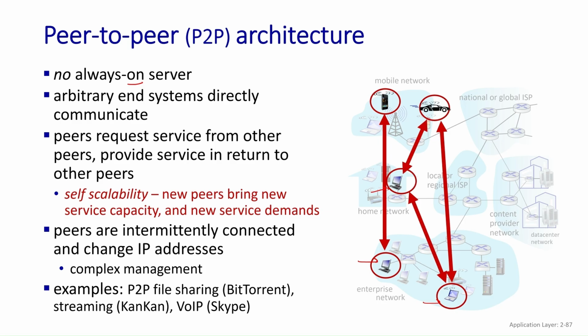This addresses a very important issue, scalability, and we'll look at this in detail. This peer-to-peer architecture is self-scalable. It means that if we add more peers, unlike client-server architecture, we do not need to add more servers into the network to provide the required delivery time and response time.